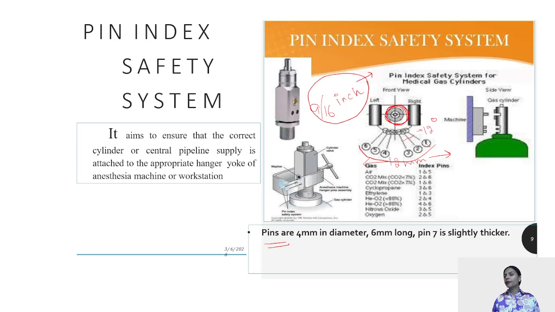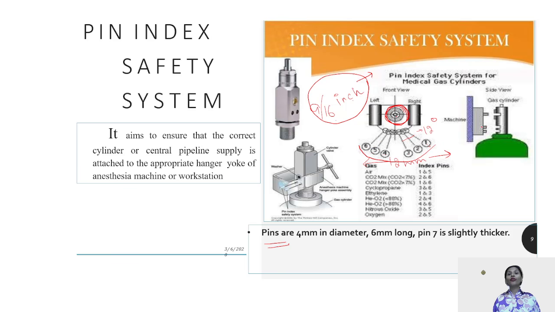I know I am telling a lot of values, but all the values of the pin index safety system are very important. I repeat, this forms a circle with the center at the port of radius 9/16 inch. It has 6 holes which are separated by an angle of 12 degrees. The distance between the first and the sixth is 12 mm.